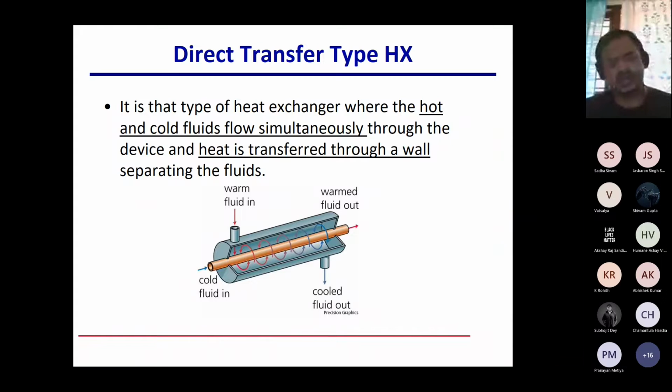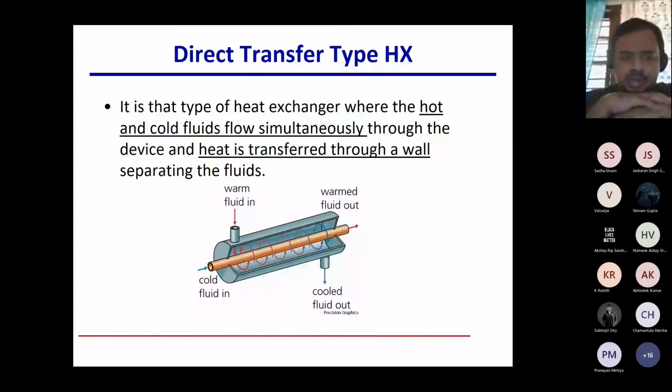So the best way to understand this is to look at this picture. As you can see, these are two circular tubes. Through the central one, there is a cold fluid flowing. And through the outer, what we will know later as the shell, there is a hot fluid flowing. So what happens during the heat exchange?